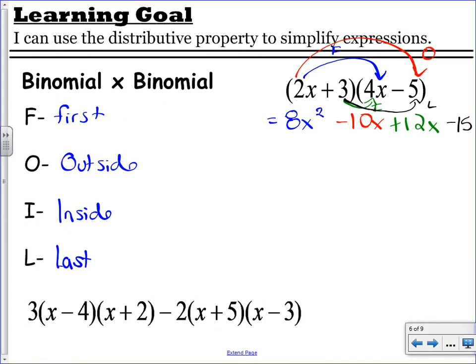How many of you remember that from the good old foiling days? Okay. David, is this my final answer here? Good. Where are my like terms here? Good. So what would my final answer be, David? Excellent.